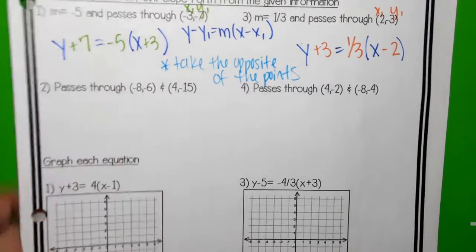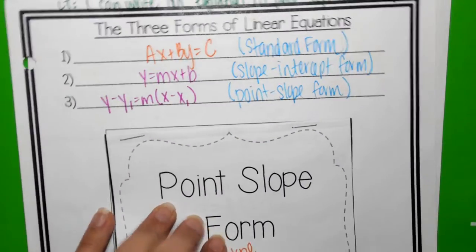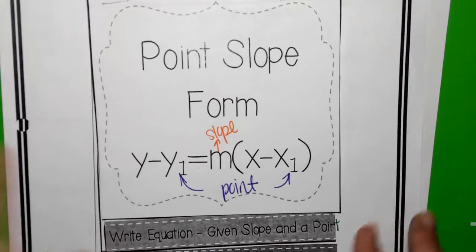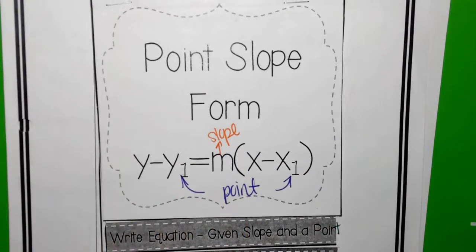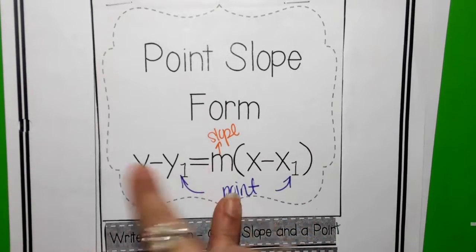Now, let's go back and look at our notes. So just looking at the homework that y'all wrote up there, we're going to review this just a little bit more because it wasn't pretty. So point slope form means that you just write it with a point and the slope. That's all you do.